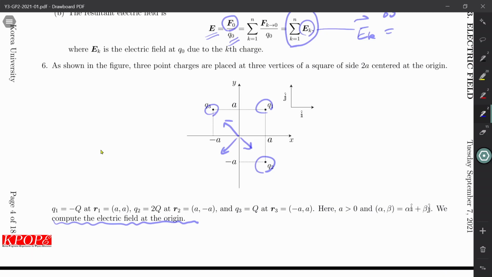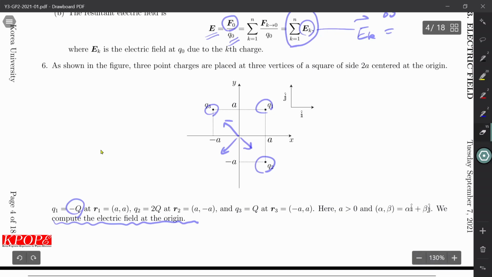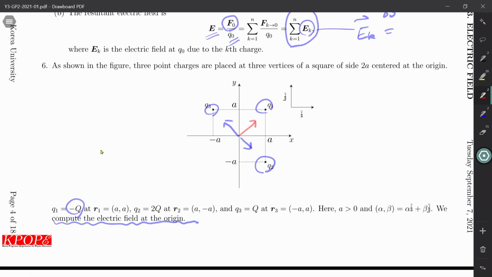It depends on the sign. Q1 is negative, hence the electric field, this one, is in this direction, and Q2 is positive.